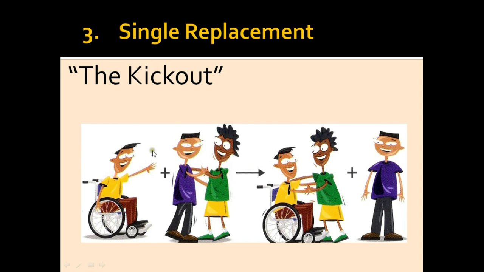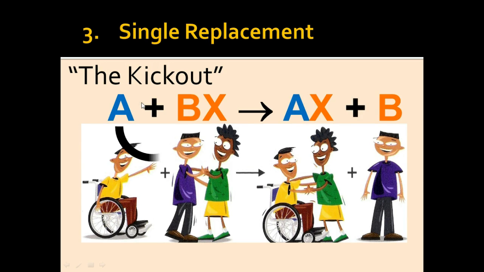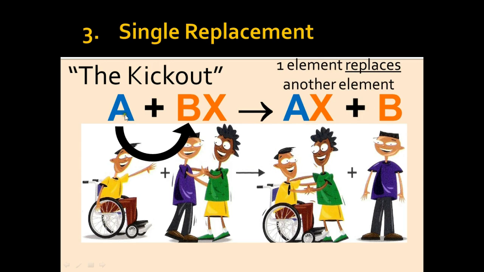And so the main point is, in a kick out, one loner element goes and kicks out another element and replaces it. So we have A, which replaces B in this reaction, and it forms AX plus B. A good example is a bunch of ionic compounds.